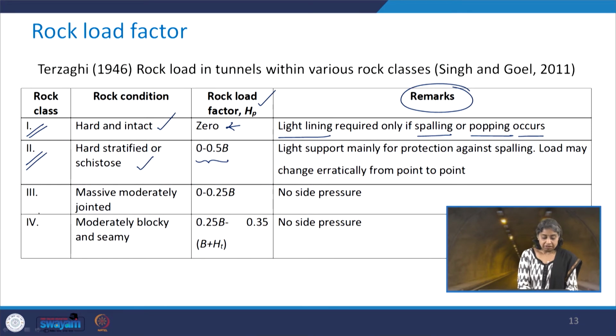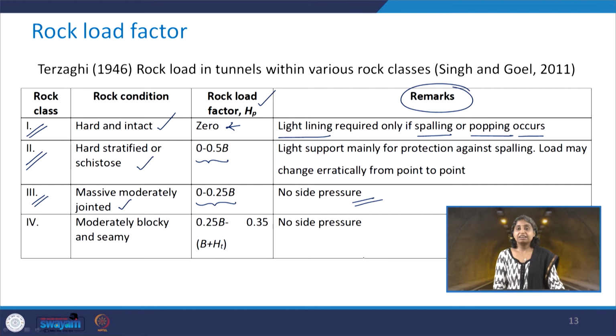Coming to the third one, which is massive moderately jointed rock, the rock load factor is 0 to 0.25 times B, and there is not going to be any side pressure. Similar is the case as far as side pressure is concerned for the fourth type of rock class, which is defined as moderately blocky and seamy.